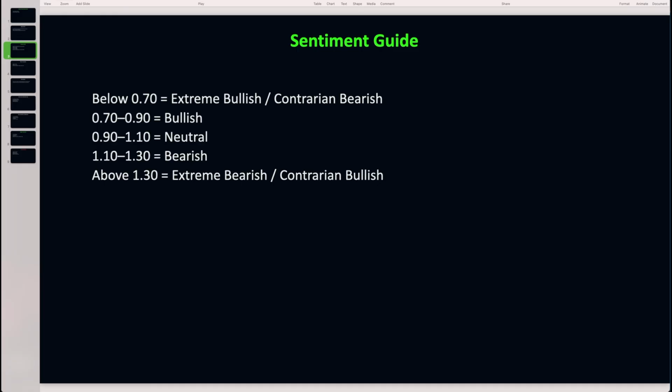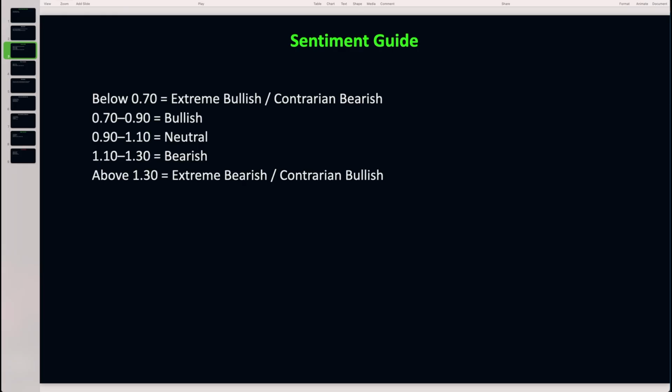So these are the levels that matter, and you can take a screenshot of this or write it down for yourself. These are the rough zones to pay attention to. Below 0.70 is pretty extreme on the bullish side, so as a contrarian, you might be bearish at that point. 0.7 to 0.9 is bullish. 0.9 to 1.10 is typically pretty neutral.